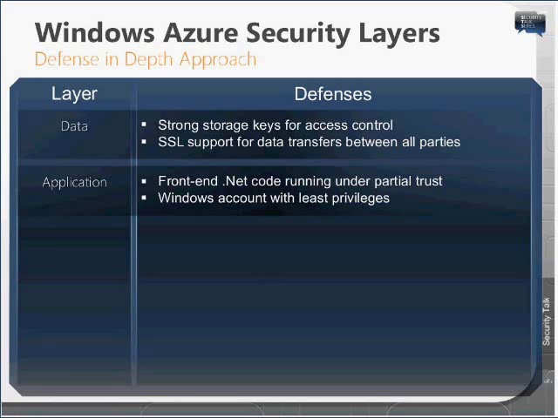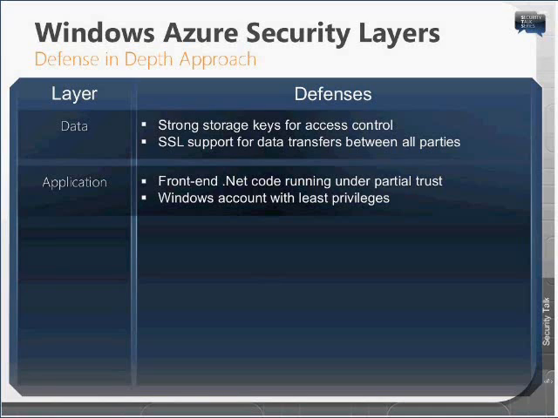Also, in this model, all of your code runs in low-privilege accounts. So that is a big differentiator with most on-premises deployment and infrastructure as a service deployment, where you will see a significant amount of code running as system or with administrative privileges.